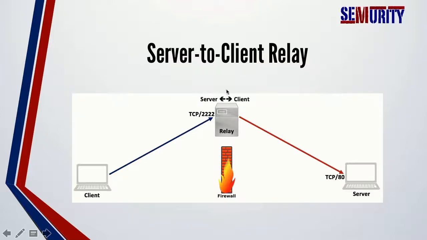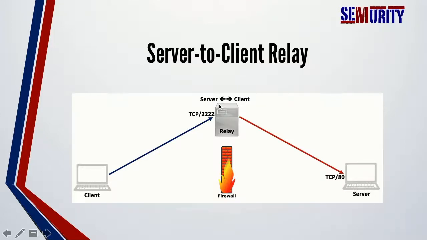On the other hand, on the same system, we will have another instance of Netcat running as a client, and that client will connect to the target on the intended port. So this process of having a server Netcat and a client Netcat on the same machine will enable this machine to be a server to client relay.